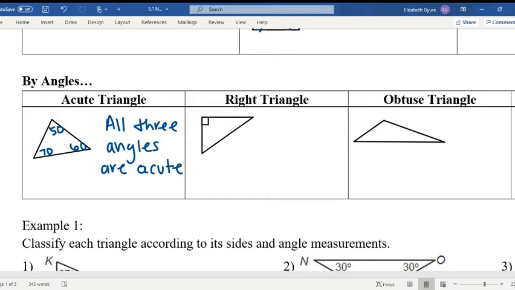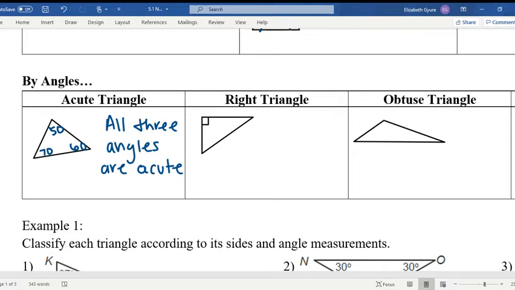A right triangle, what's that going to have to have? A right angle. Yeah, exactly. Can it have more than one? No. Any ideas why it's not possible to have more than one right angle? Liam? Wouldn't be a triangle, right? Doesn't a triangle have to have a sum of 180?